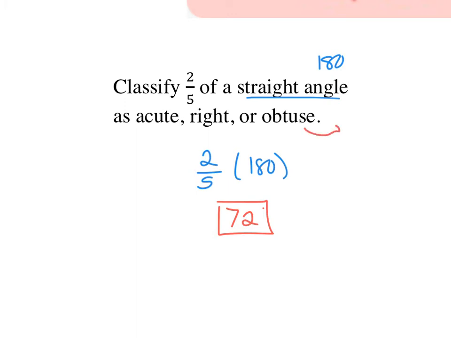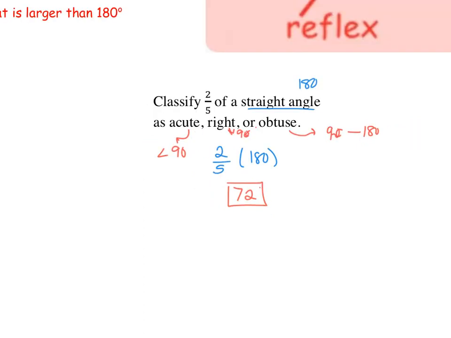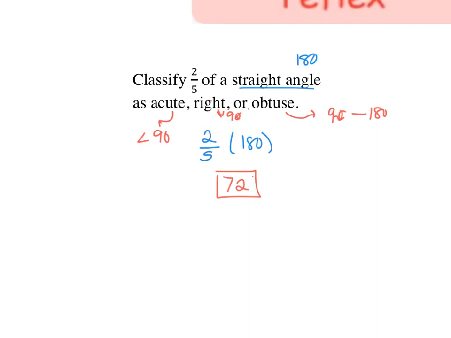Well, I know an obtuse angle is an angle that's greater than 90 and less than 180. I know a right angle is 90 degrees, and acute is less than 90. So is 72 degrees less than 90, 90, or in between 90 and 180? Yep, it's less than 90. So we can say this is an acute angle.